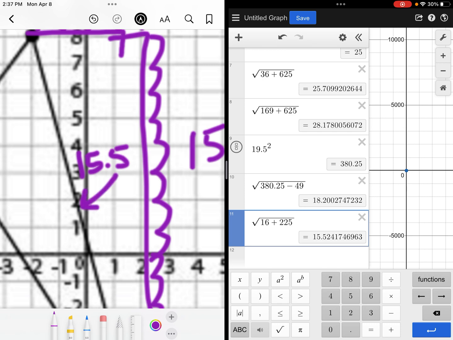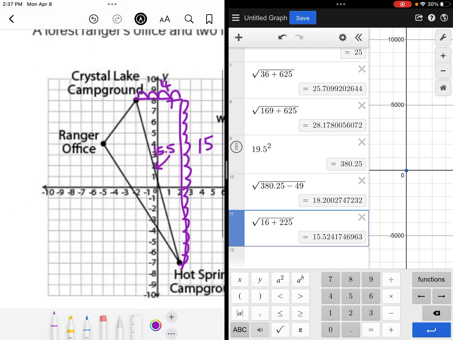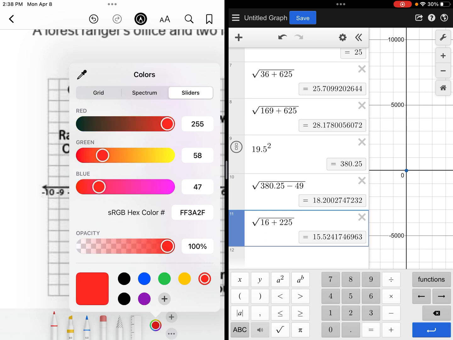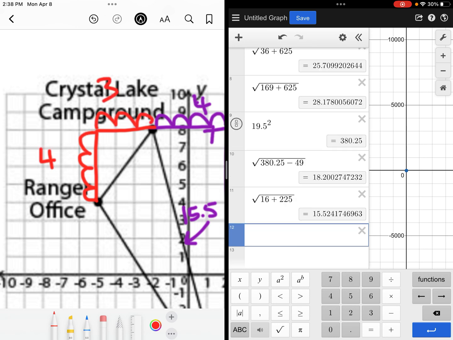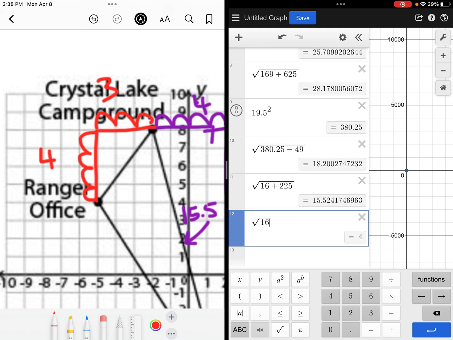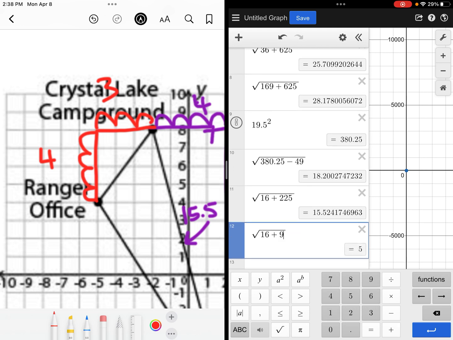Is that line. All right. 1, 2, 3, 4. 1, 2, 3. So the square root of 16 plus 9, and I get 5.